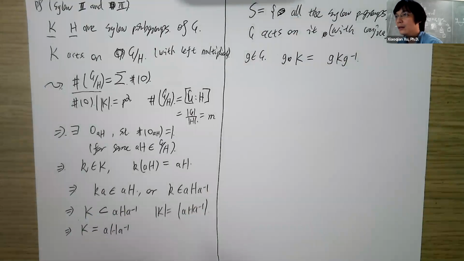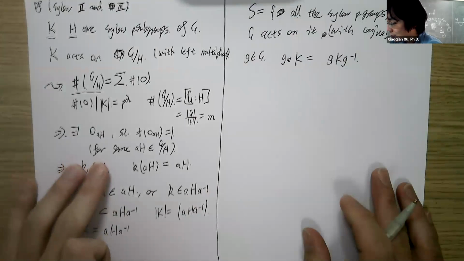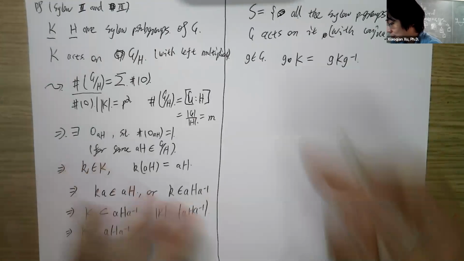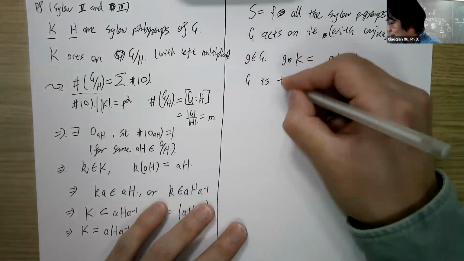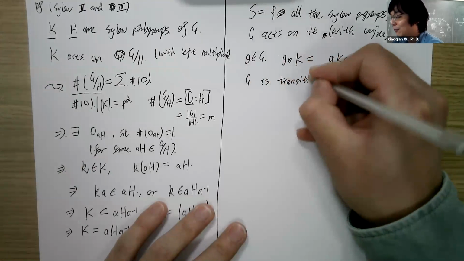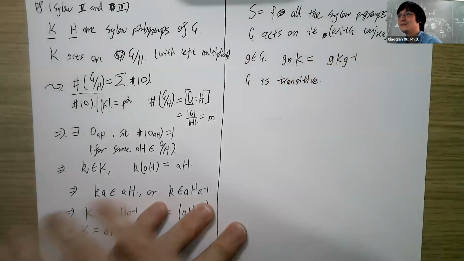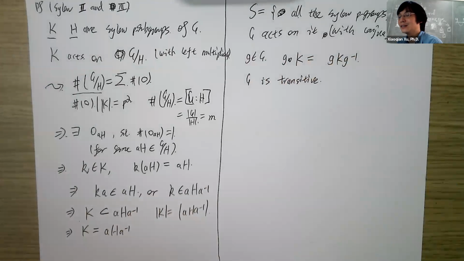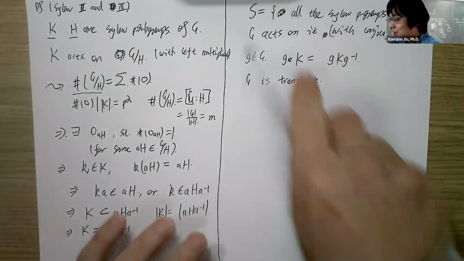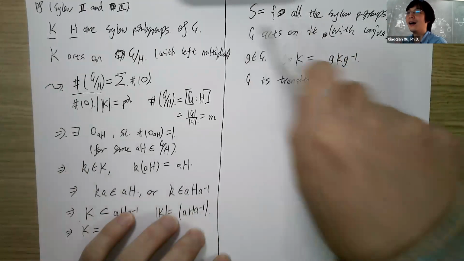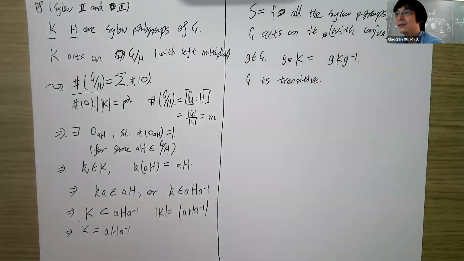So what we know is G is transitive by the first part, right? Because the first part just says that if you use G acting on this S by conjugation, everything will be connected.